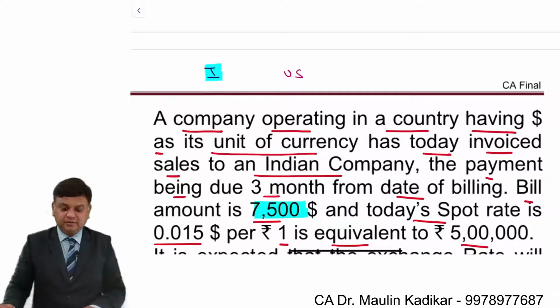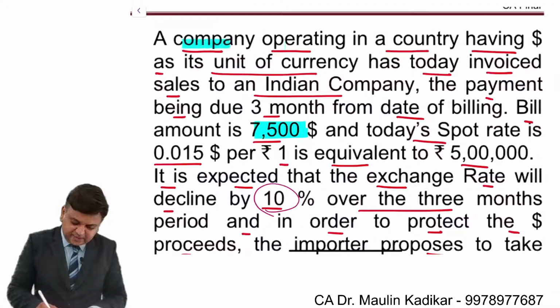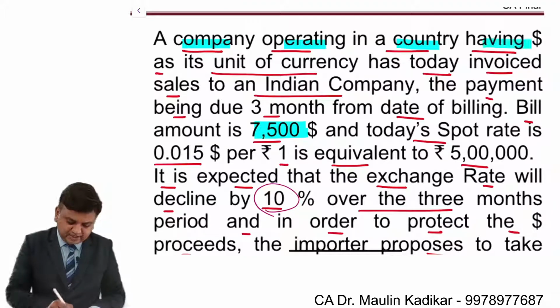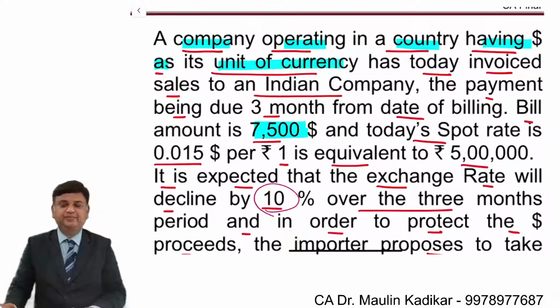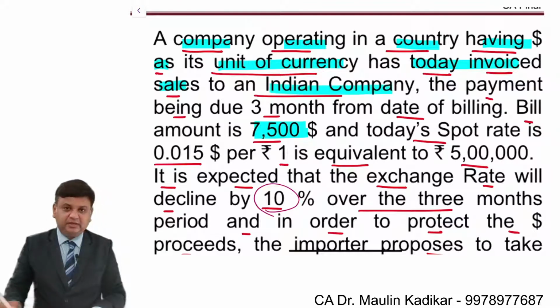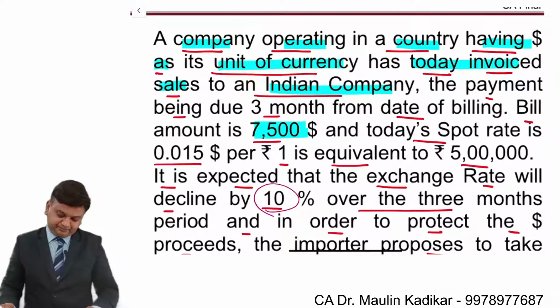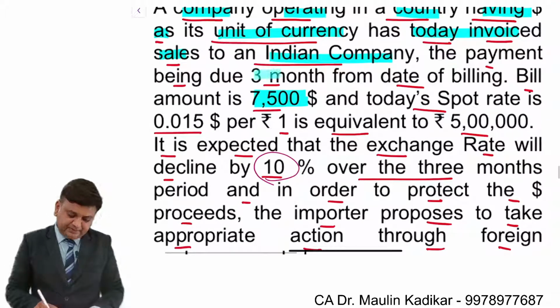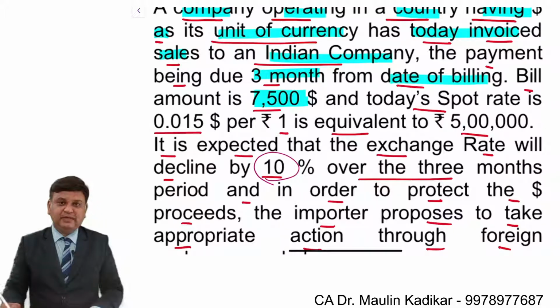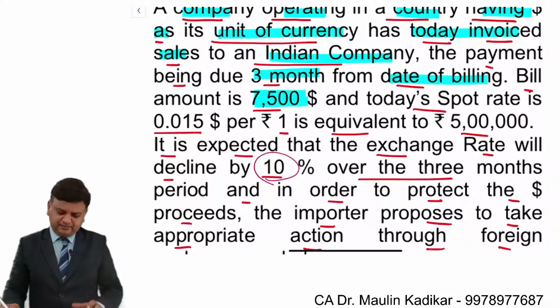Let us read the question to understand it properly. A company operating in a country having dollar as its unit of currency, means there is a US company, has today invoiced the sales to an Indian company. So they have exported goods to an Indian company. The payment being due 3 months from the billing. So the time period is 3 months for the credit.